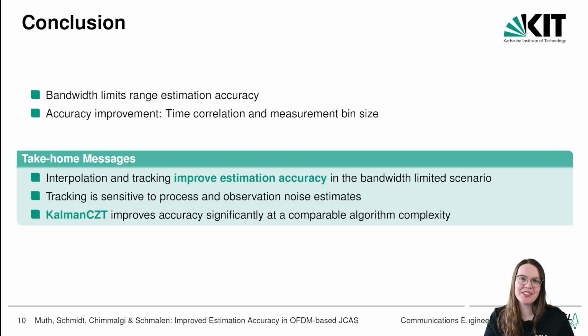As take-home messages, both improve our estimation accuracy. Still, a warning: our tracking is sensitive to the process and observation noise, so fine-tune your filters. And lastly, our Kalman CZT approach improved this accuracy further, significantly, at a comparable algorithm complexity.